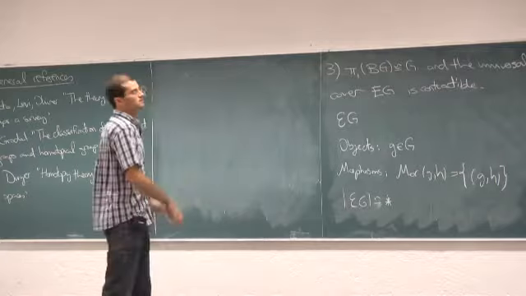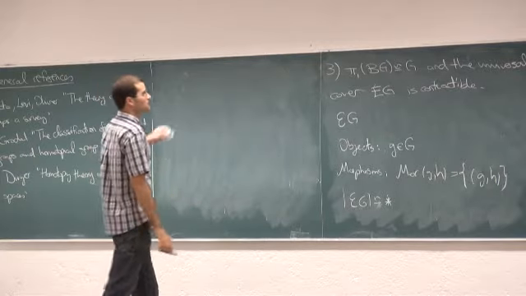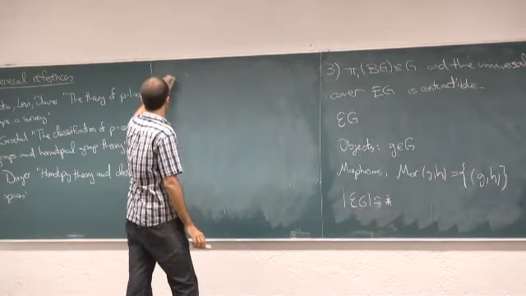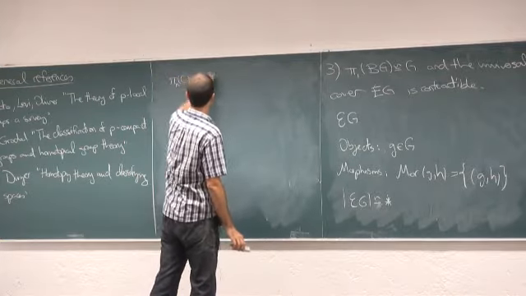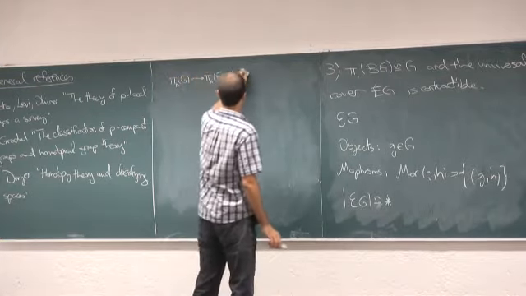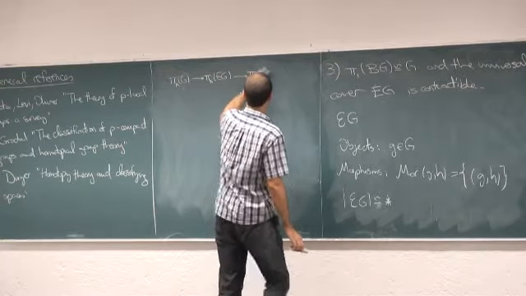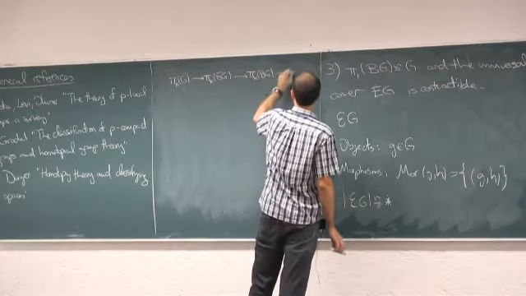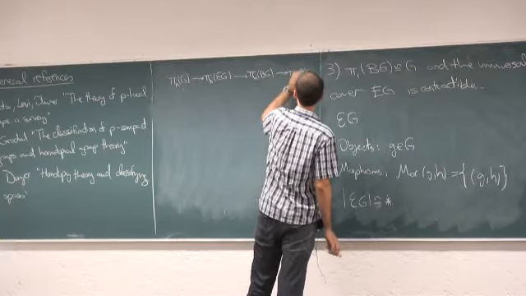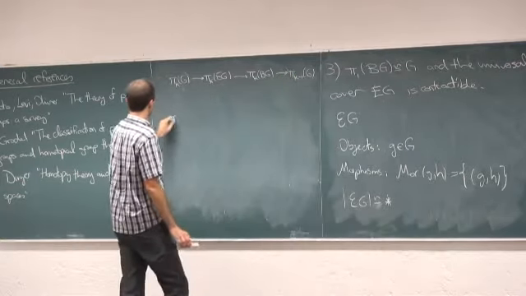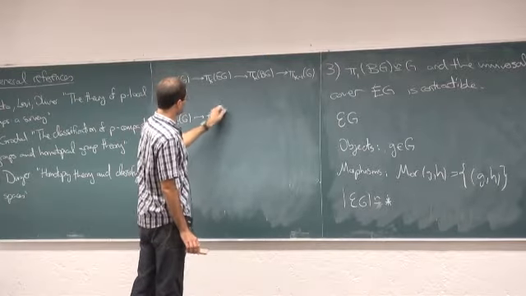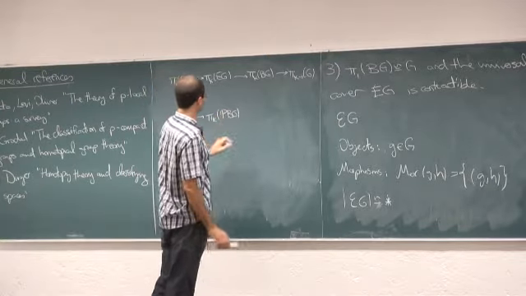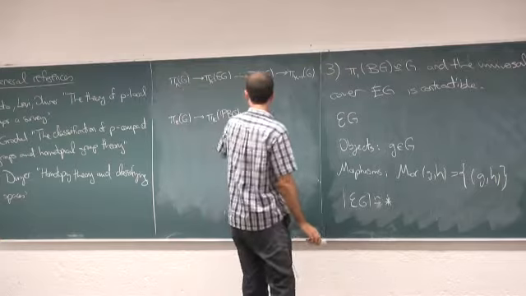So our long exact sequence is going to be kind of easy. So in a long exact sequence, the only interesting parts are going to be, well, pk of g to pk of eg, pk g. And then we have the same thing down here.